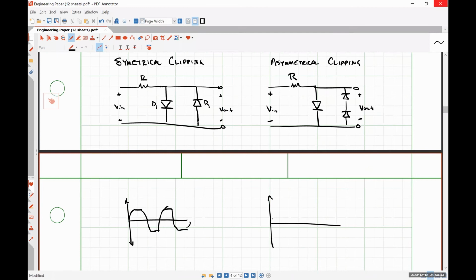One side might only get 0.6 volts at a maximum, and the other side would get more. So it's not truly sinusoidal, but you get a more sinusoidal waveform on one half of the cycle than the other.